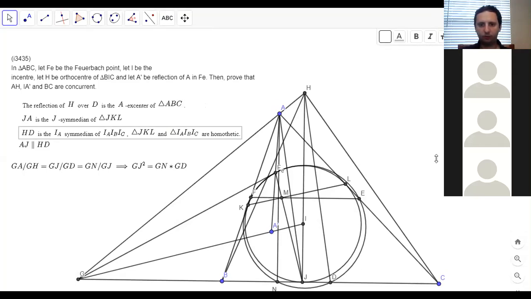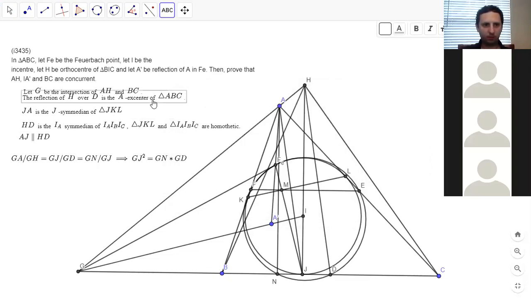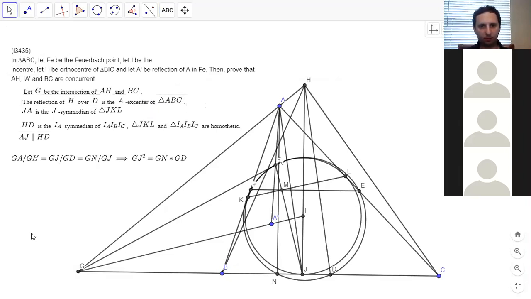So GAH. So let G be the intersection of AH and BC. So the reflection of A, okay. So this is true.